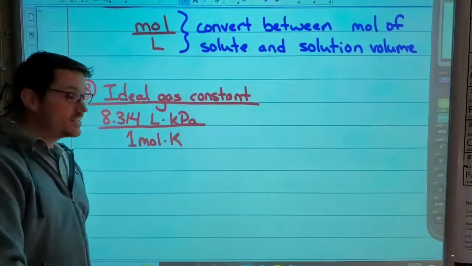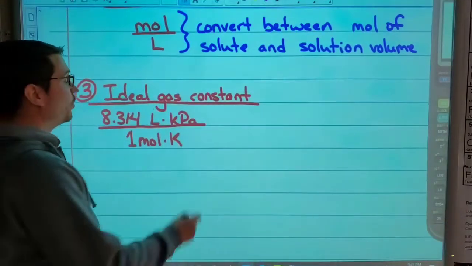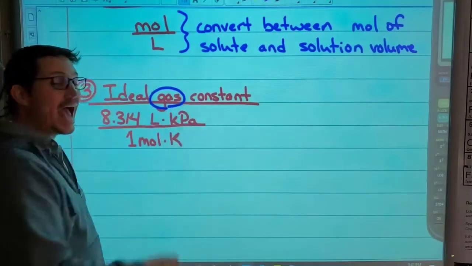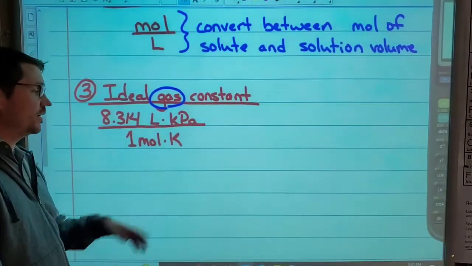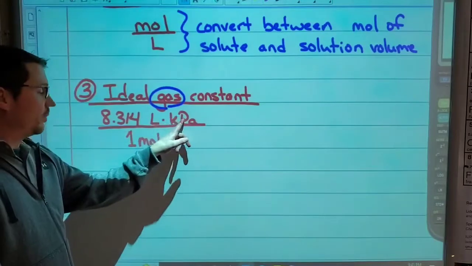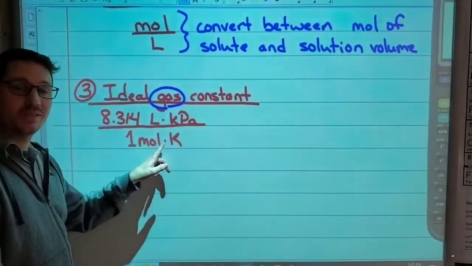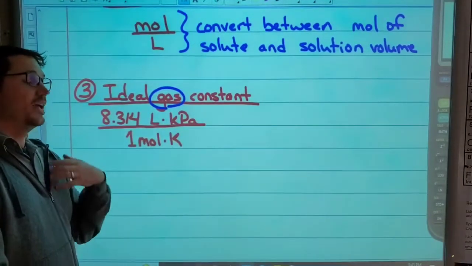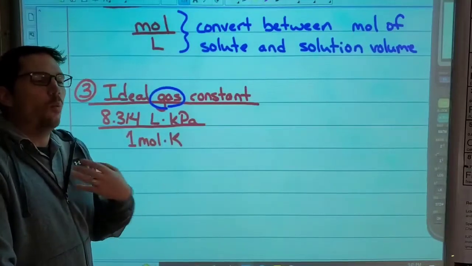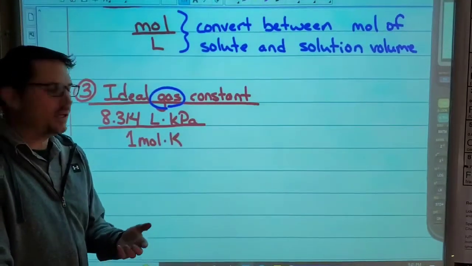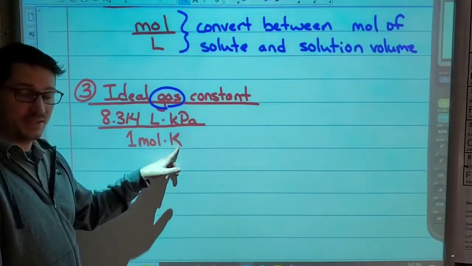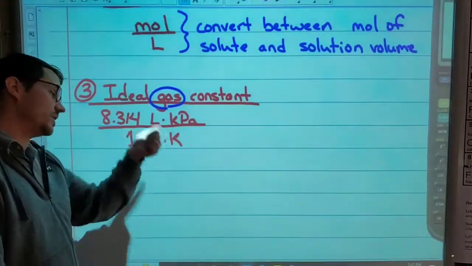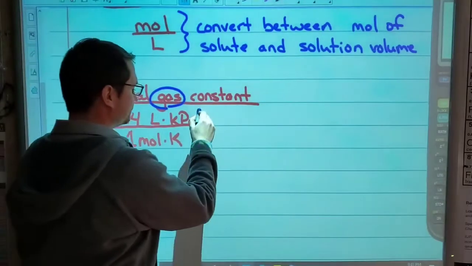So now why is this important? It's important because for any gas, this allows us to be able to convert between the volume, the pressure, the amount, and the temperature. If we want to figure out what pressure something will be if we're given the volume, the chemical amount, and the temperature, then we can do that using this value.